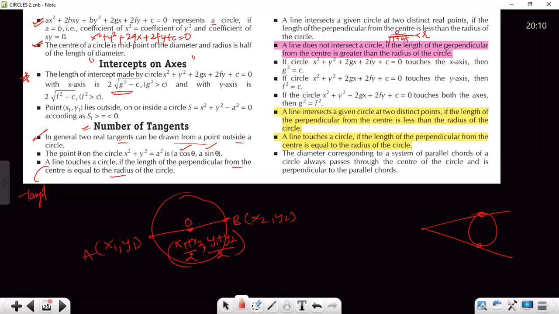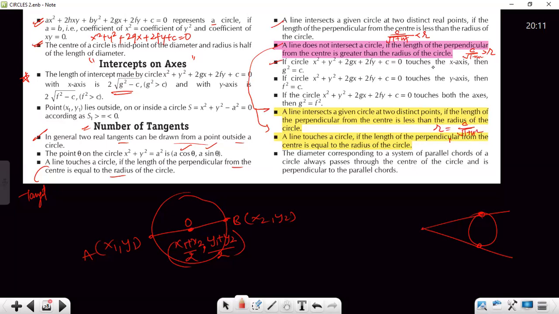The line does not intersect the circle if the length of the perpendicular is greater, that is, if the radius is less than the distance. Then the line is not intersecting. The next point is the same, and this r is c upon 1 plus m squared this time.